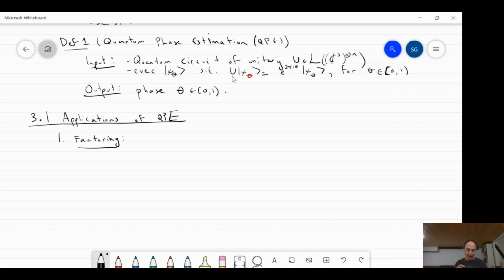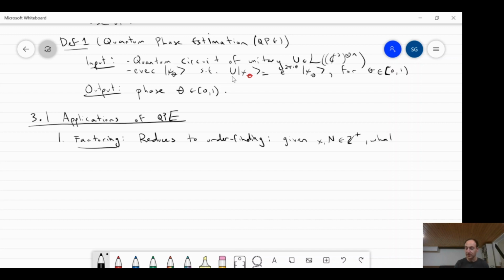Okay, so factoring we're not going to talk about in this lecture, but let me give you a heads up as to how it's going to go. It's going to reduce to a problem called order finding. What is order finding? You're given as input two positive integers, x and n.